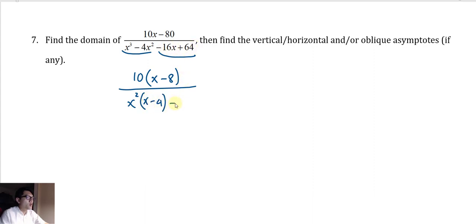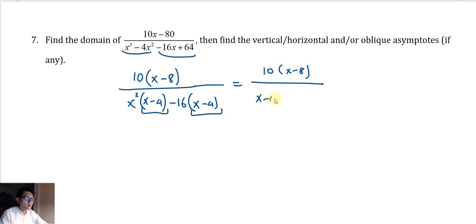Between the last two, I can pull out the minus 16, so I have x minus 4. Now we see that there's another similar factor, so I can pull out the x minus 4 one more time, x minus 4 to the front. When I pull that out to the front, I get x squared, and I get minus 16.